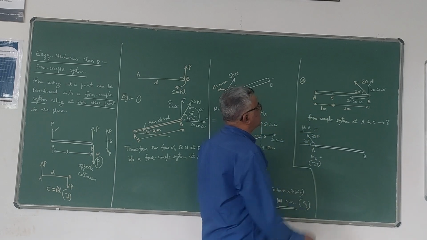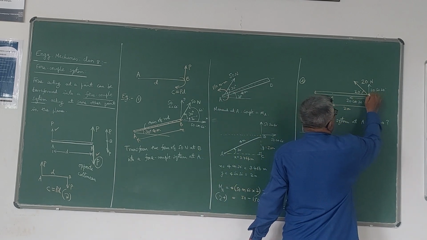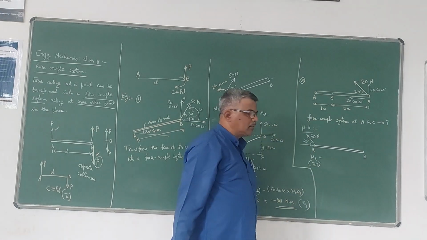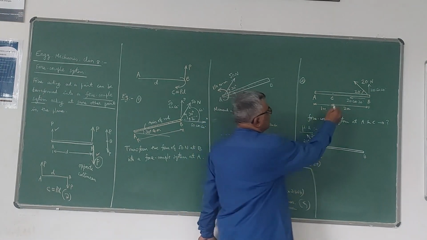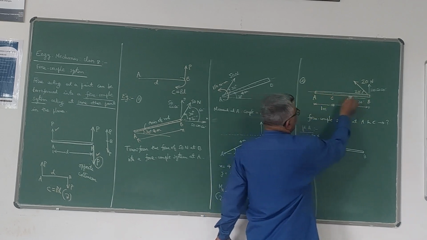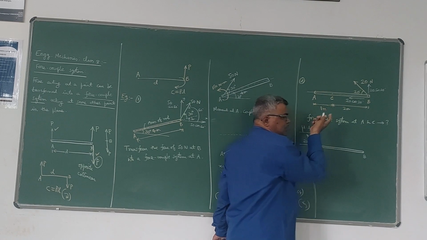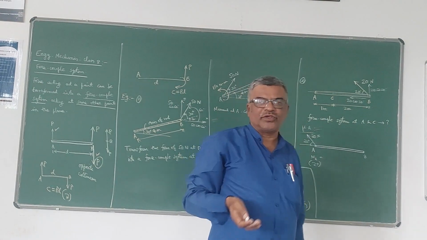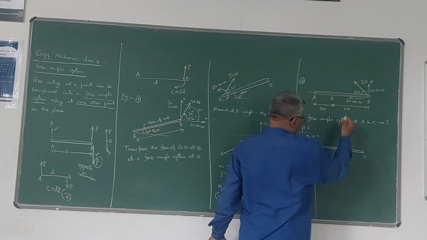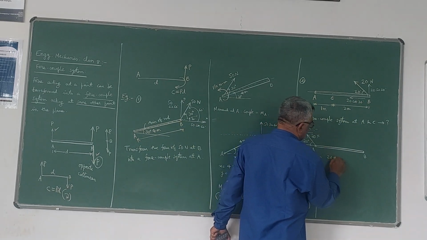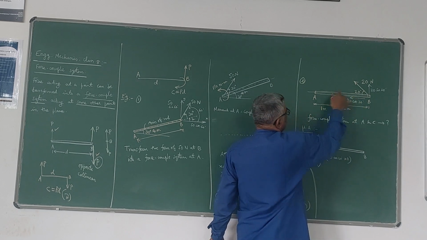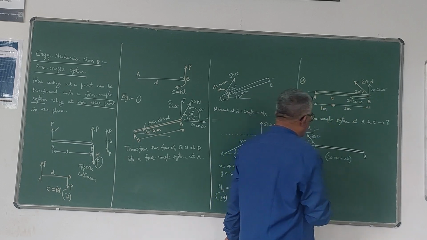Now the moment due to these two forces, taken about point A, is nothing but MA. The moment due to this 20 cos 20 is zero, because the force is passing through point A and the perpendicular distance is 0.